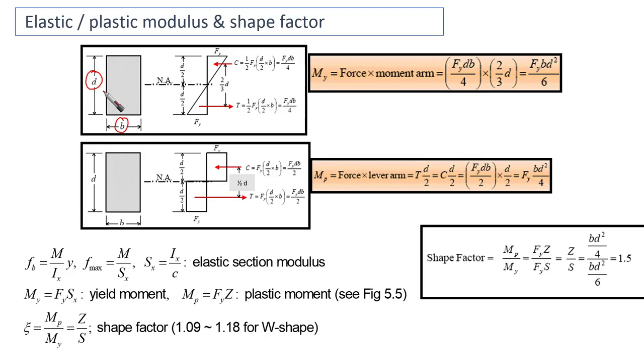And we have the same cross section, with B and D, but we are going to assume that it is in the fully plastic case. We are going to find that our neutral axis is still in the middle, and we have the distance between the two blocks, compression and tension, as you can see here.